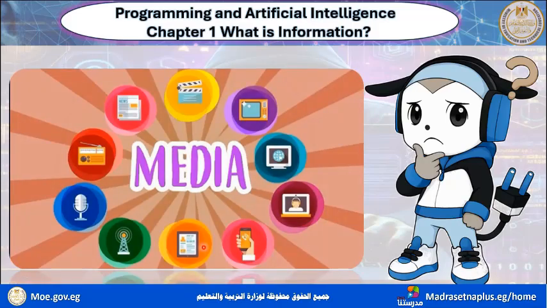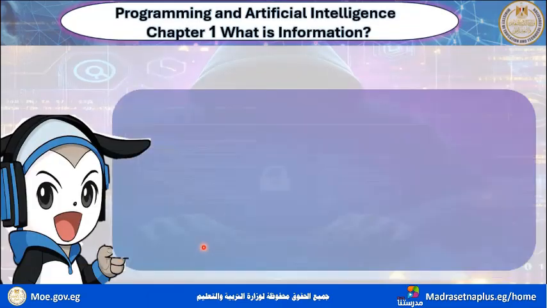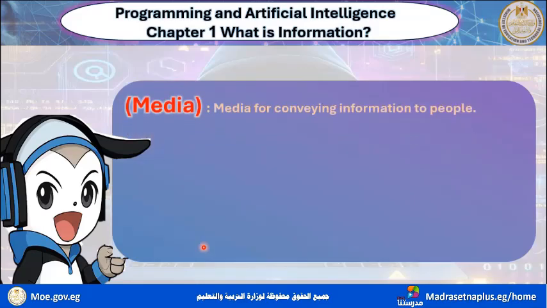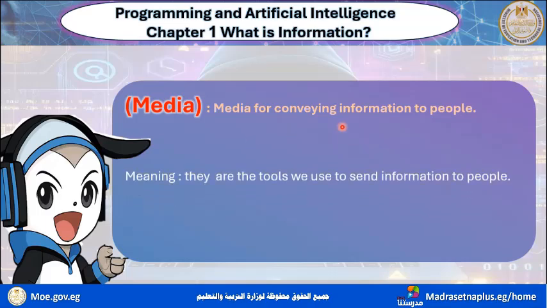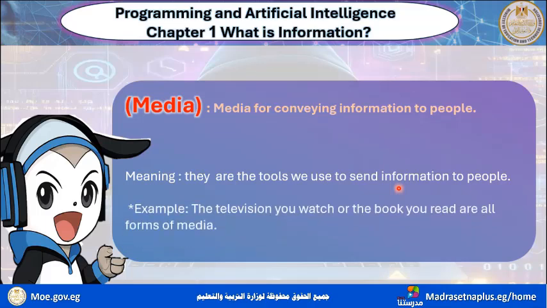Now we have a new topic to talk about. It's media. So, what's media? Well, media is for conveying information to people. It means they are the tools we use to send information to people all around the globe. For example, the television you watch, or the book you read are all forms of media.